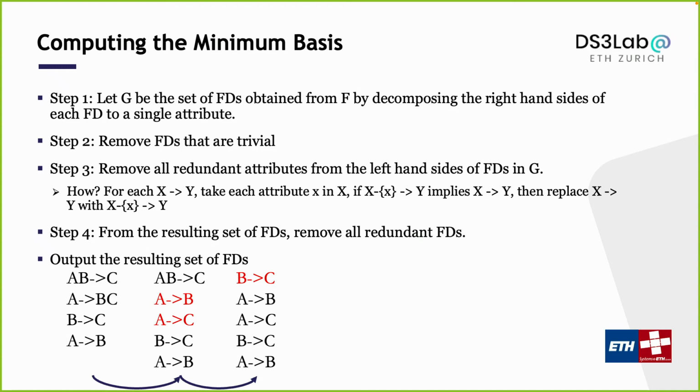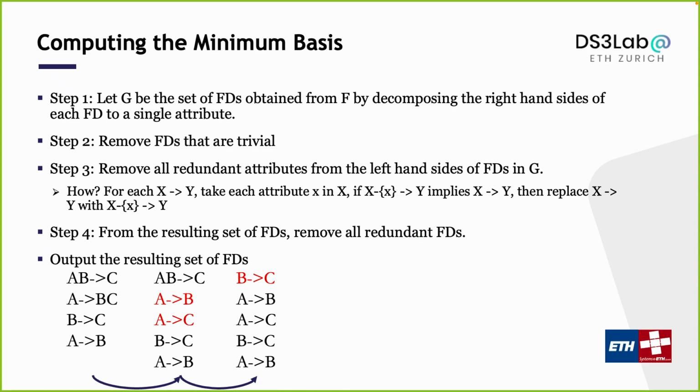If you go back to the inference system that we have, this is something that you are able to do. You can actually derive A, B to C if you only have B to C in your set of functional dependencies. So what I'm going to do is remove A because it's not that useful.